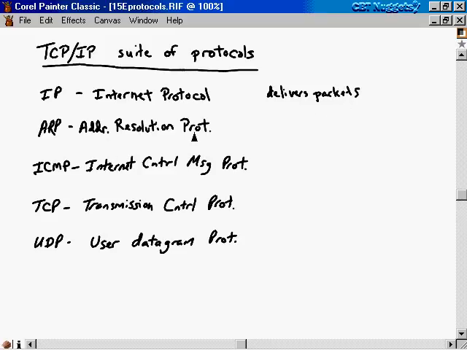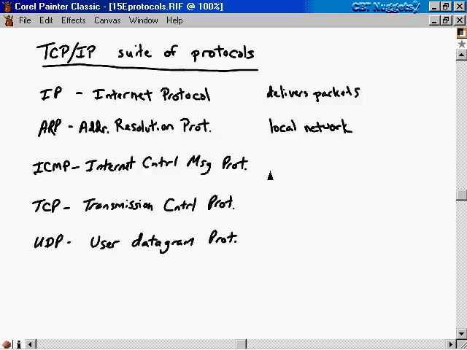Now, ARP is the Address Resolution Protocol, and this is only used on the local network. So once you get down to the local level, once you're in your subnet or your network for your local network, then the Address Resolution Protocol will kick in and deliver messages to the actual correct machine in the network.